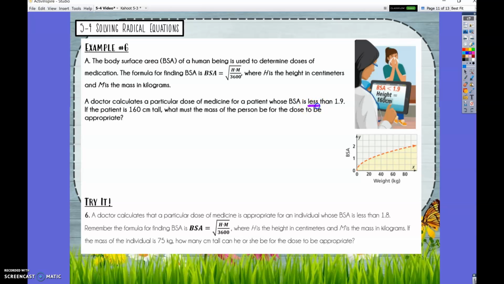Now you notice this less than idea. We know the patient is 160 centimeters tall, so that's my h, and they want to know what the mass is. We don't know the m. So they want the body surface area to be less than 1.9. If I fill in the numbers that go with this equation in their correct spot, my h is 160, my m I don't know, and my 3600 is in my denominator.